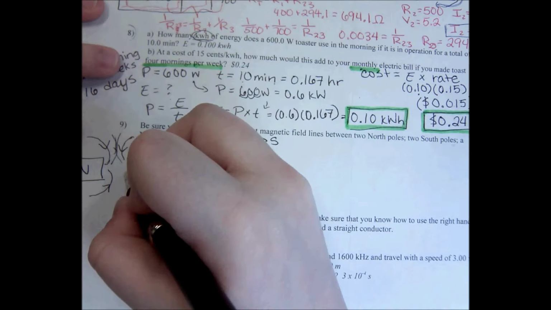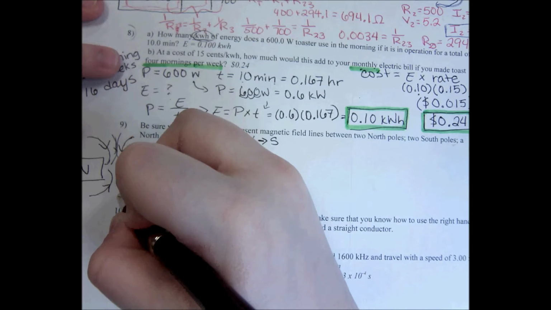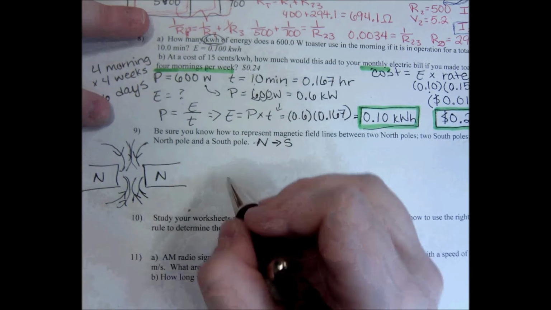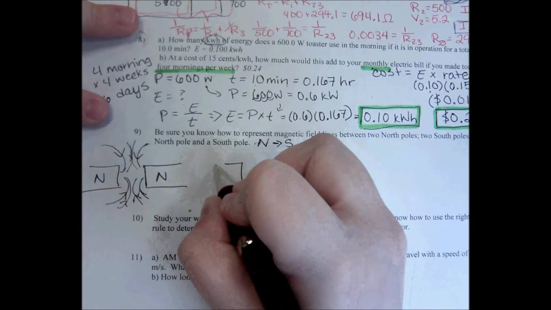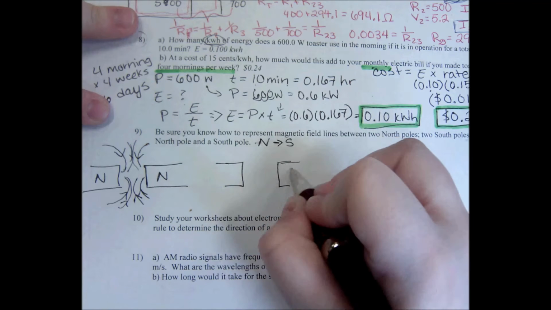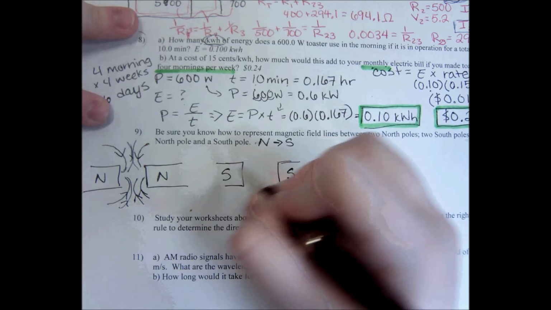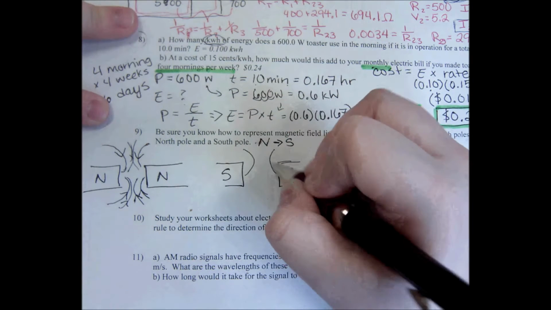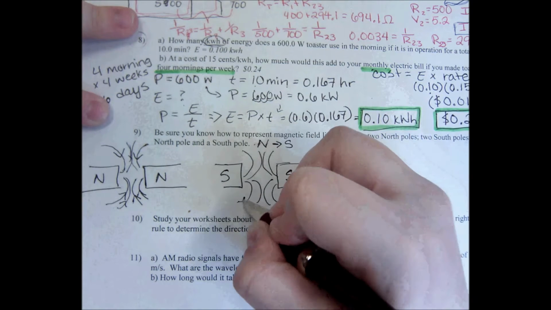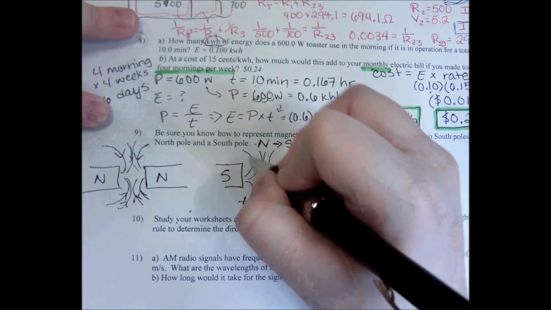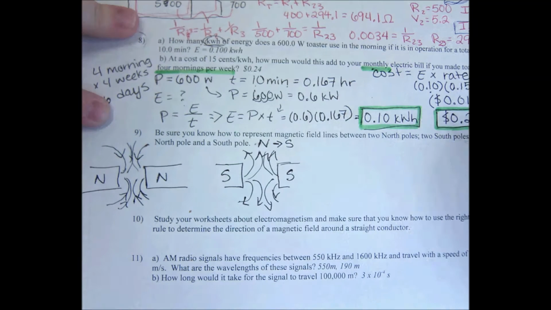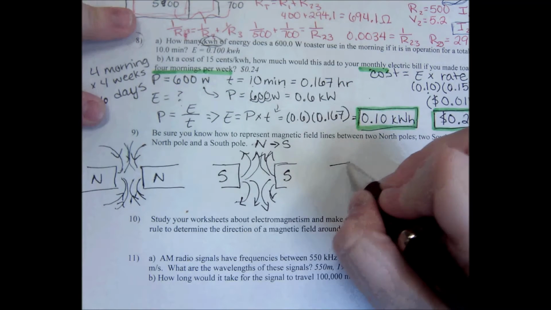I didn't leave myself a whole lot of room. This is not going to be the prettiest picture, but you get the general idea. If you have 2 south poles, you're going to get the same shape, but now the arrows are pointing outward because the field lines are moving away from the south poles.